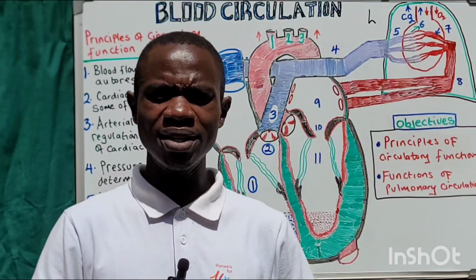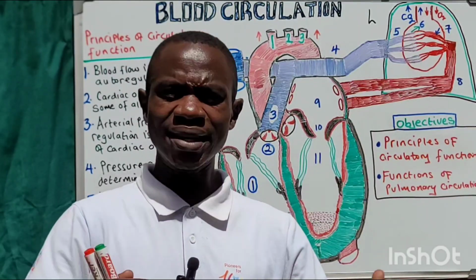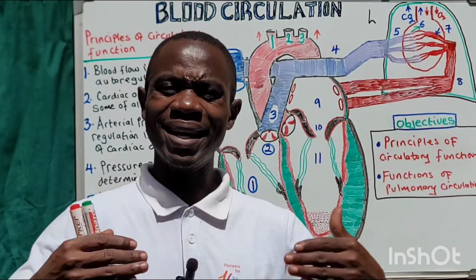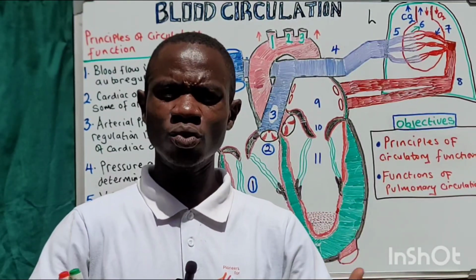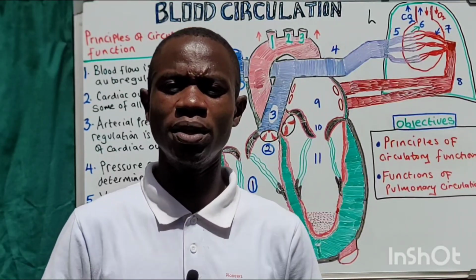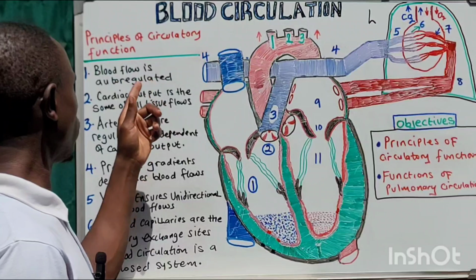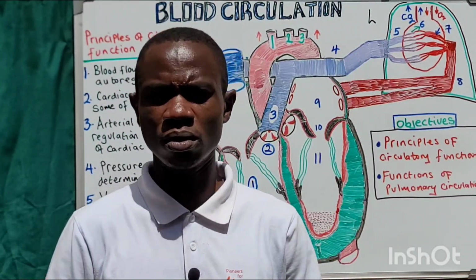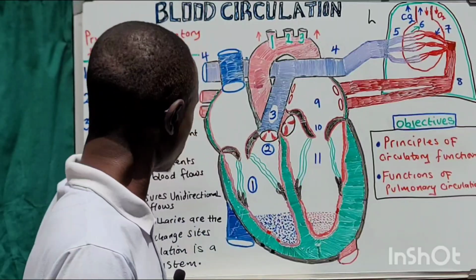The tissue demands are going to be increasing. For that reason, even the blood flow to those tissues is going to be increasing automatically. That's why we are saying that the blood flow to the tissues depends on the demand. For that reason, blood flow to the tissues is going to be auto-regulated depending on the tissue demands.